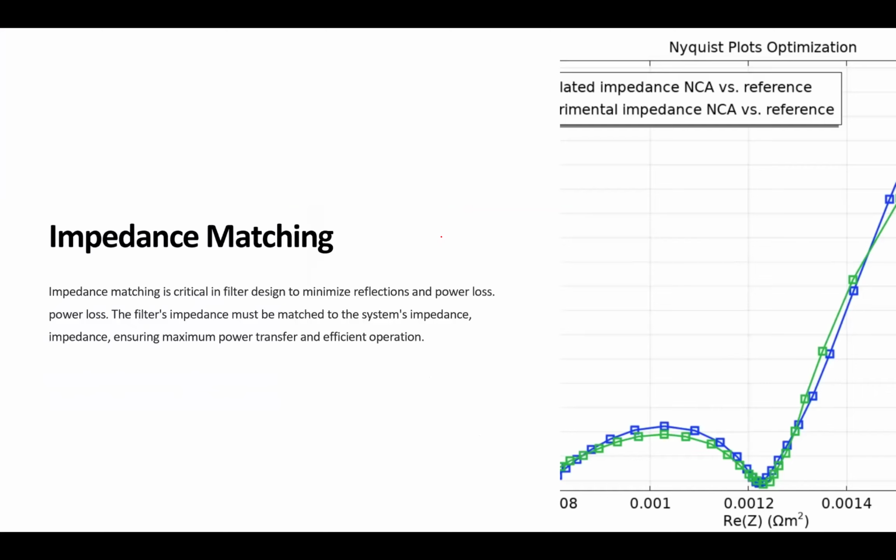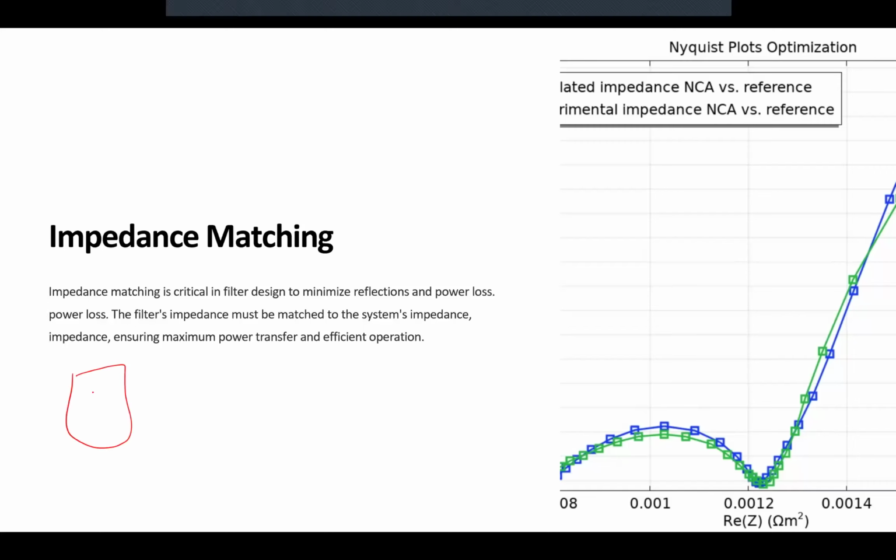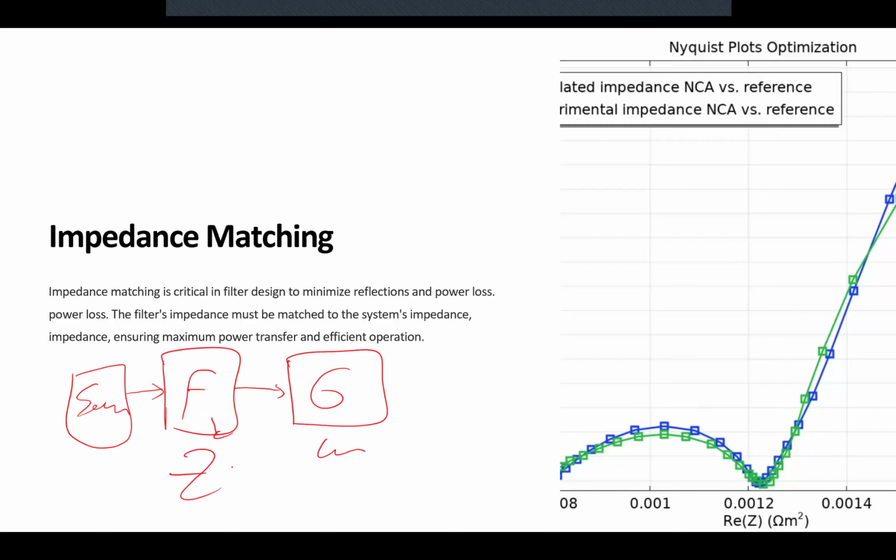One point that is very, very important in designing a filter is impedance matching. You are creating an impedance between your source, this is your source, this is your filter, and this is your grid, which is the load. You transfer energy through this impedance. This is an impedance, LC or LCL, correct?